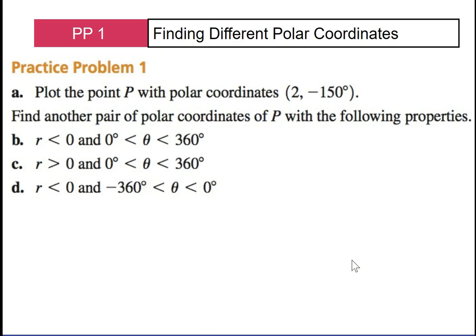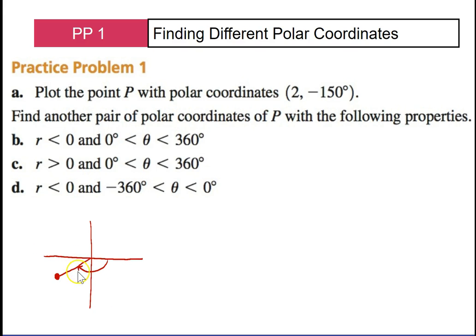All right, so practice problem number 1 for us. Here it is. Can you plot for me (2, negative 150)? So let's do that for A. If we go negative 150, this is 0, this will be negative 90, this will be negative 180, so 150 should be about right here.